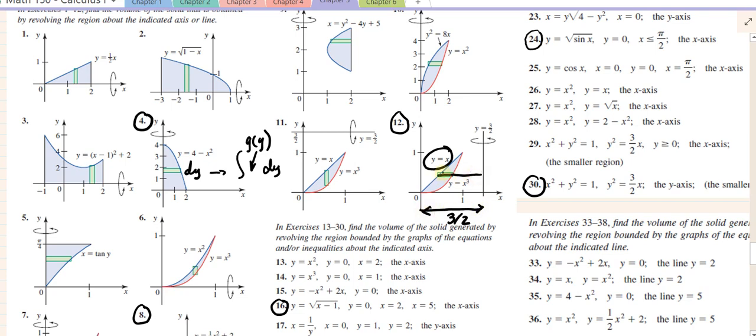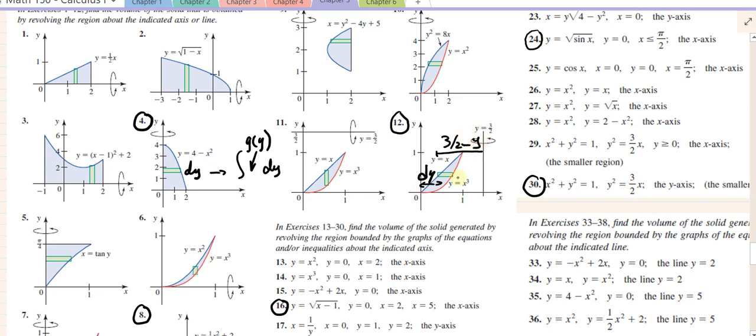So this distance should be less than 3/2, right? So that's going to be 3/2 minus y, true? Because we're going with horizontal dy, so everything must be in terms of y. The distance from here to here is going to be 3/2 minus x, but then x and y are equal, so that's going to be 3/2 minus y.